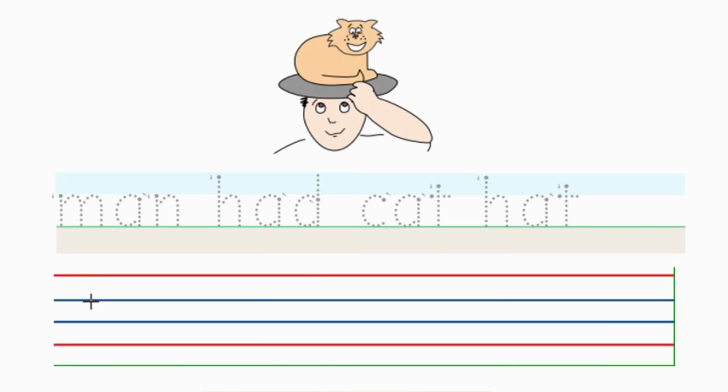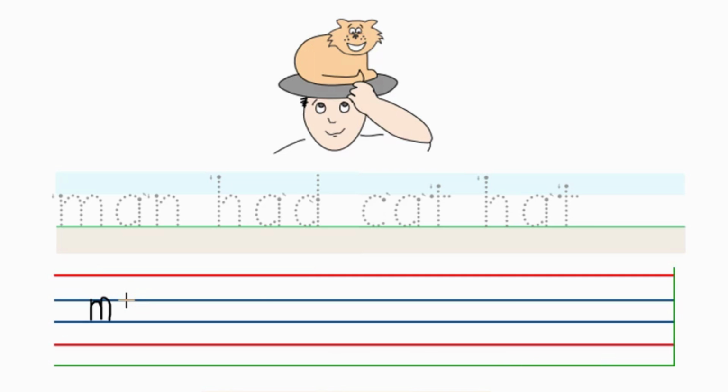M-A-N. Man. So you are going to write the letter M. Start from the aeroplane line, go straight down and make two bunny hops to write M. A. How will you write A? Do you remember?